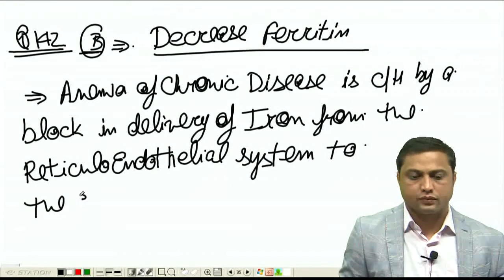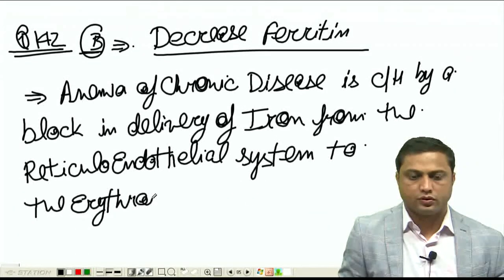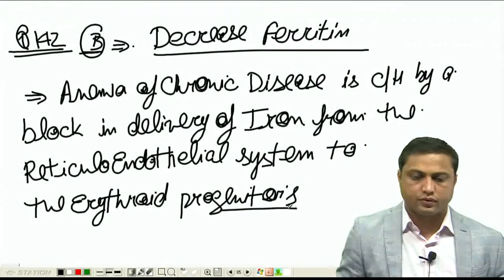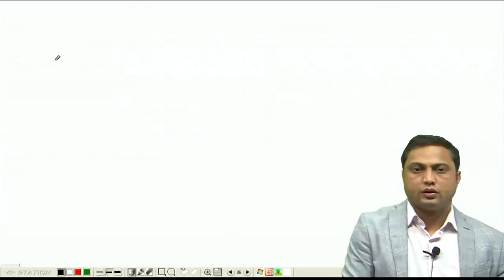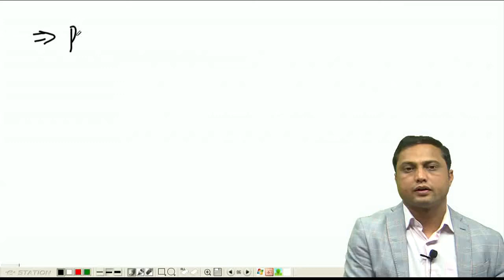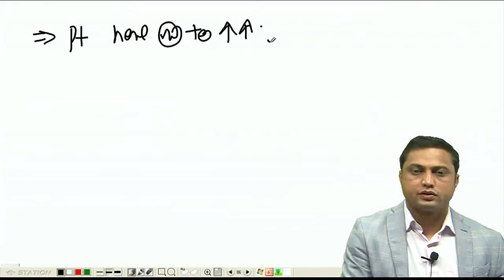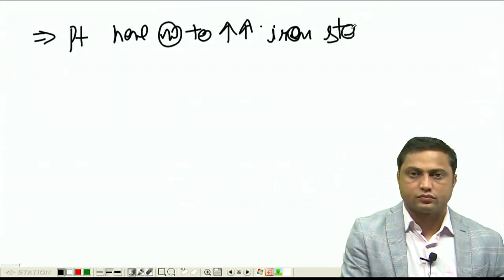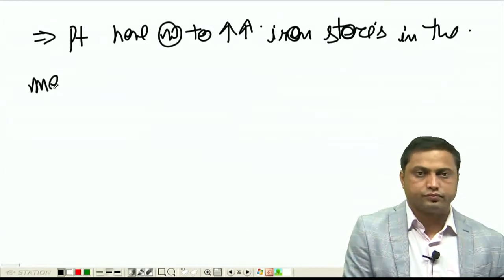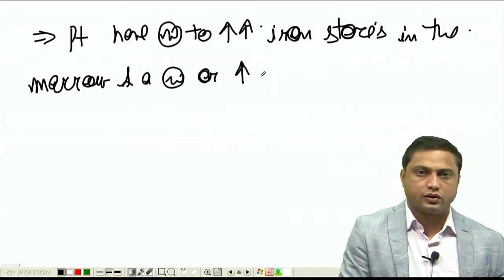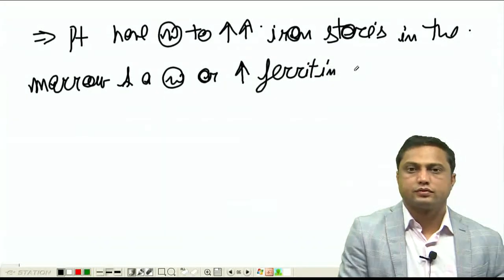to the erythroid progenitors. Consequently, patients have normal to increased iron stores in the marrow and normal or increased ferritin levels.